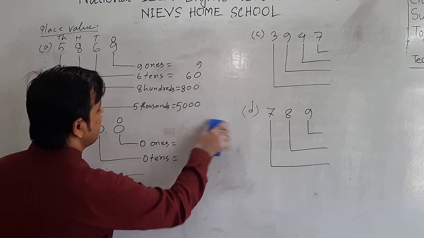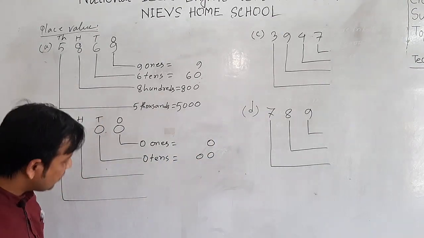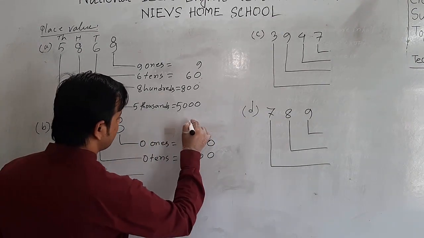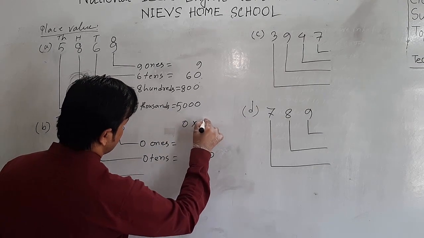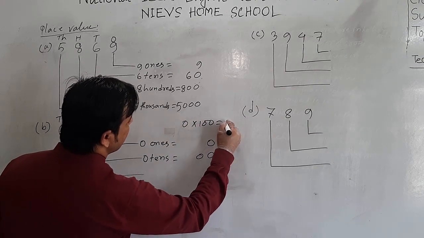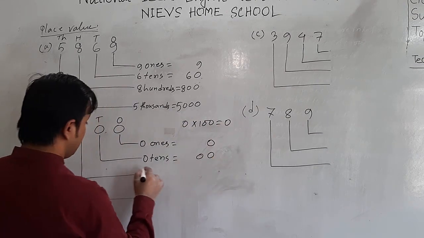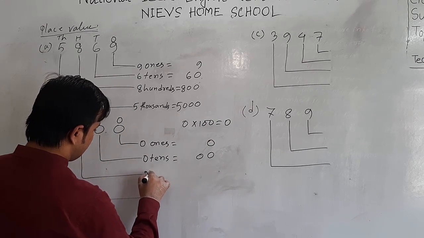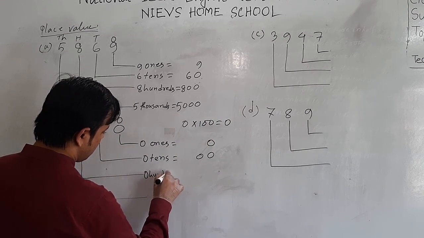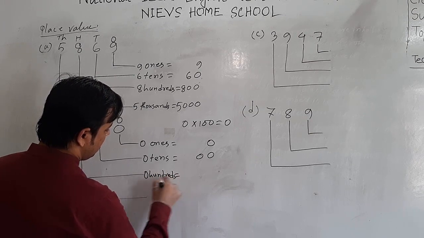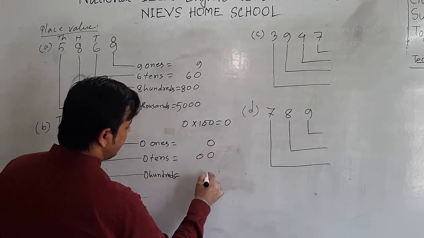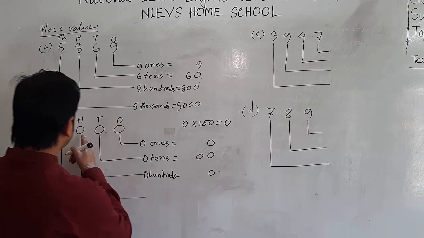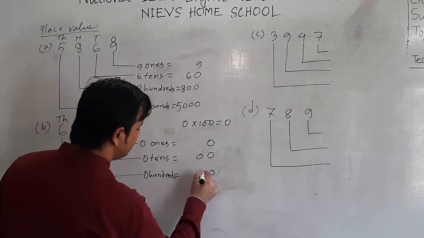So this is hundreds position, so we have to multiply 0 by 100. If we multiply, this will be 0. So we can write 0 hundreds. So we can write 0. As this is the third digit.